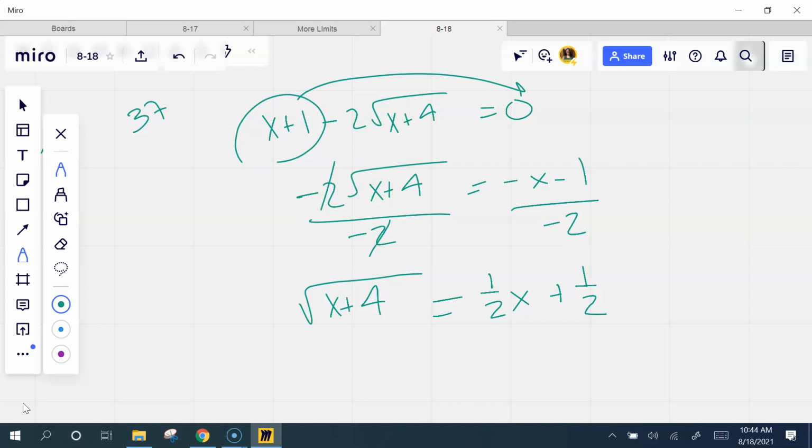Wait, why is it plus 1/2? Because it was negative divided by negative. So I just split this up into these two fractions. So x over 2 is the same thing, Brett, as 1/2 x. Right?